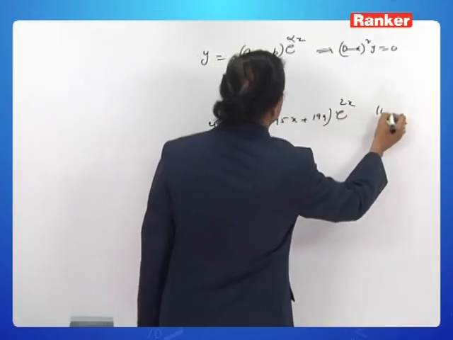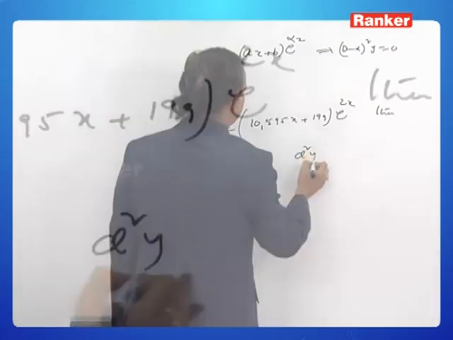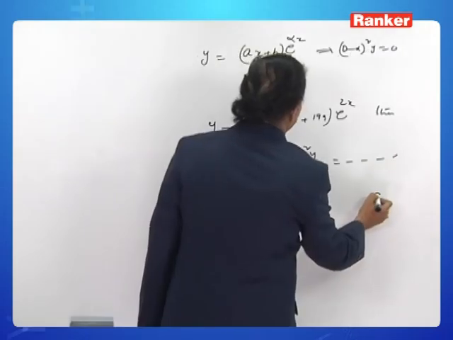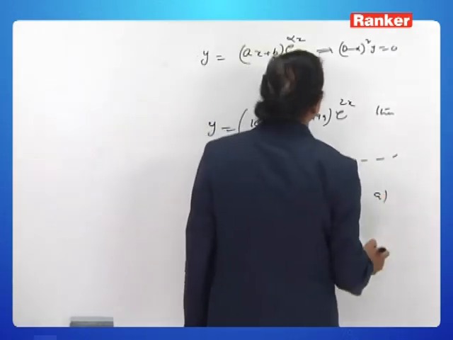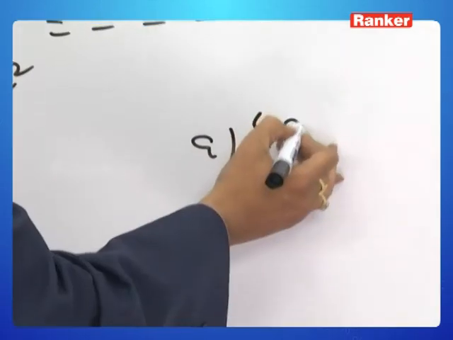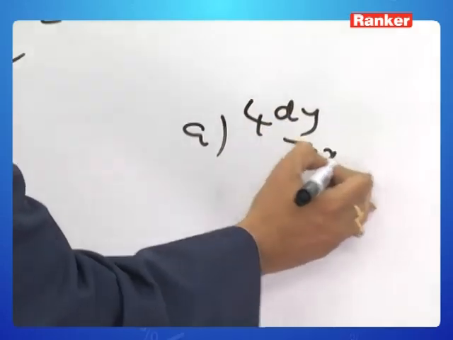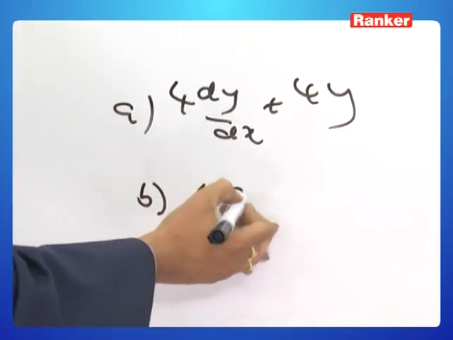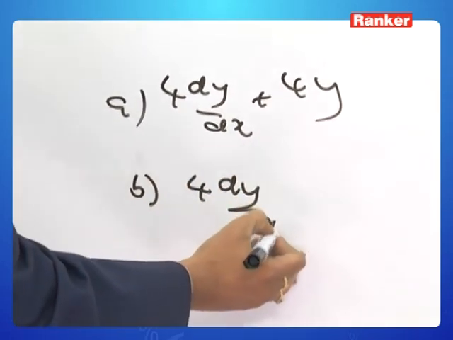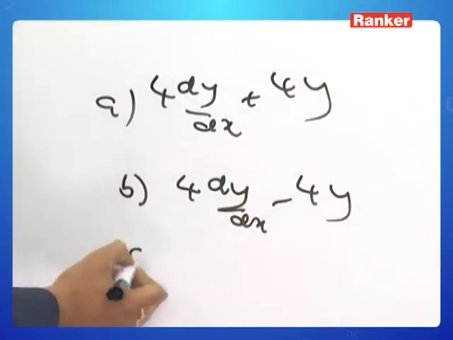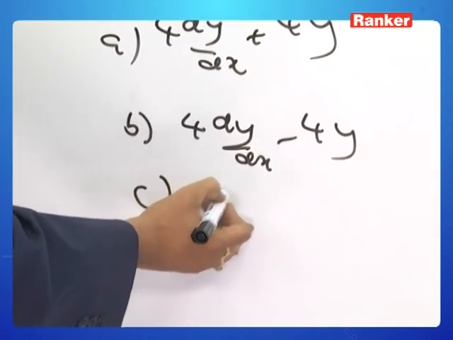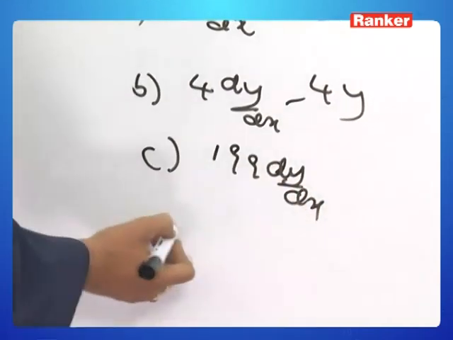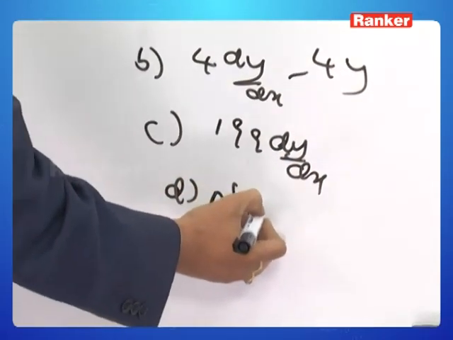Then d square y by dx square is equal to: first option, 4 dy by dx plus 4y. Second option, 4 dy by dx minus 4y. Third option, 199 dy by dx. Fourth option, none.